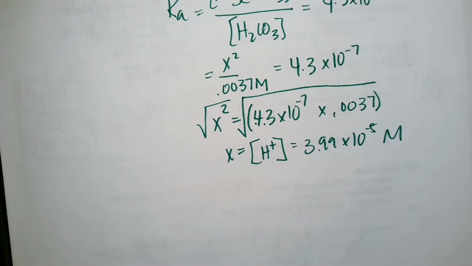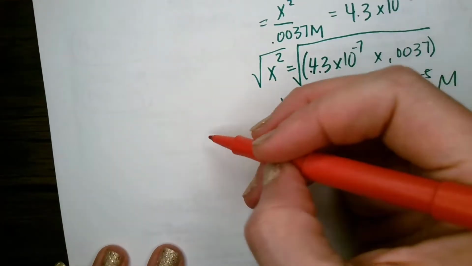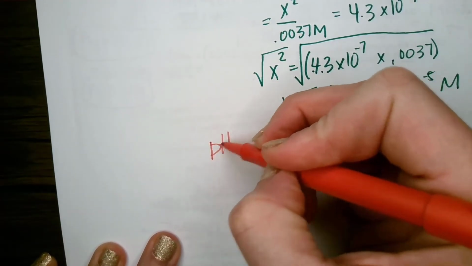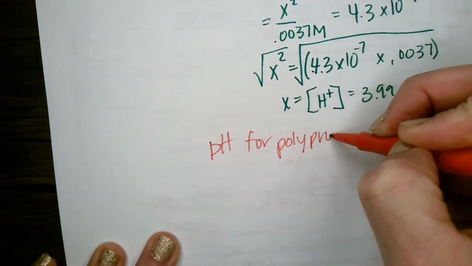Now remember that the pH for polyprotic acids is solved from Ka1 calculations.